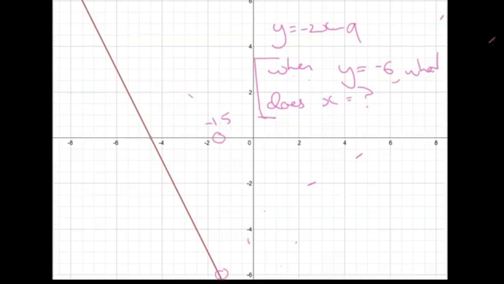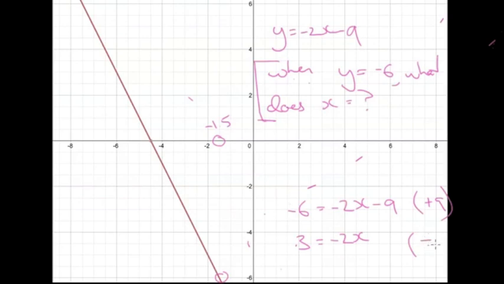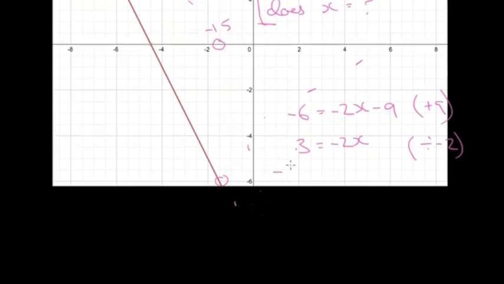And we can confirm this with algebra. We can sub in y equals negative 6 into this equation and say that negative 6 equals negative 2x minus 9. We can add 9 to both sides and say 3 equals negative 2x, and then divide both sides by negative 2, which says that negative 1.5 equals x.